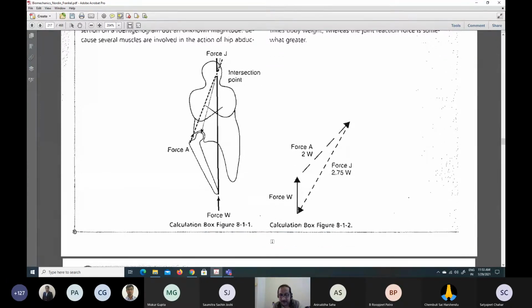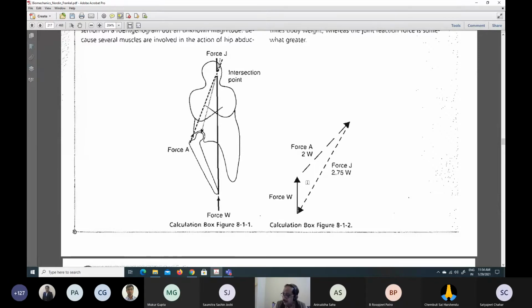Two important forces are considered in this free body diagram: the quadricep muscle force, indicated by force A, and the hip joint reaction force.